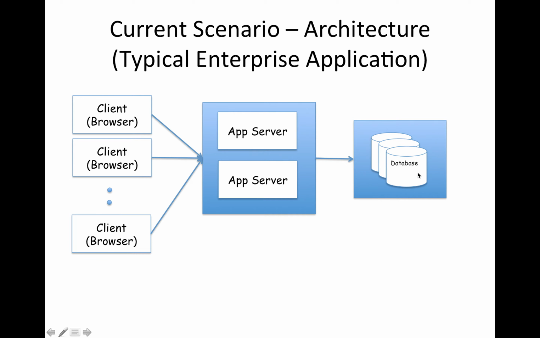Even if you take Informatica, which is an ETL tool, it follows the same architecture. Your Informatica metadata will be stored in the database, and then there will be Informatica servers, and then you use a client to actually build the mappings for your ETL.